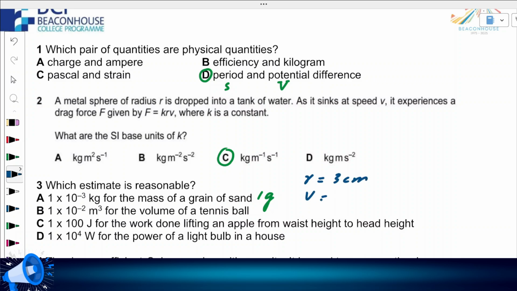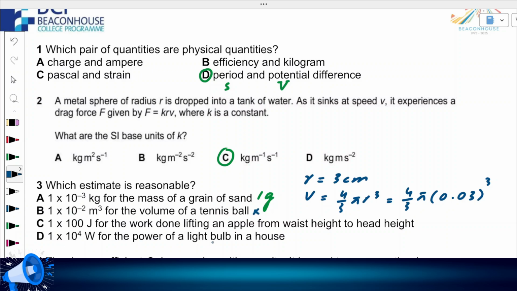If you use the formula 4/3 πr³, 4/3 as it is, π as it is, the radius would be taken as 0.03 and the cube of it. So the volume that you'll be getting would be way too small, and this volume is way too big for it to be the volume of a tennis ball.